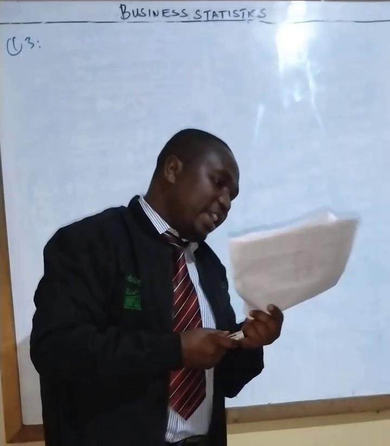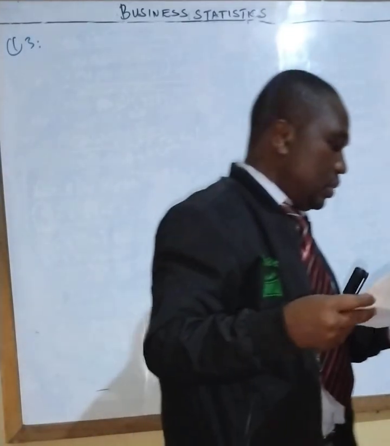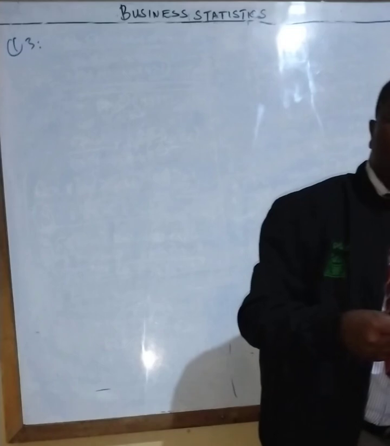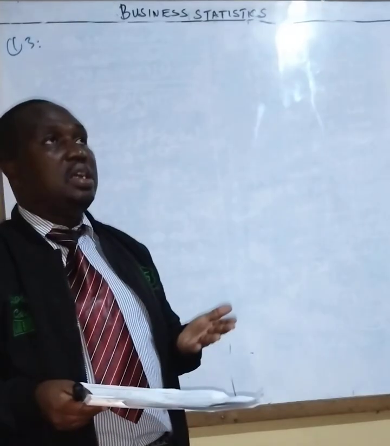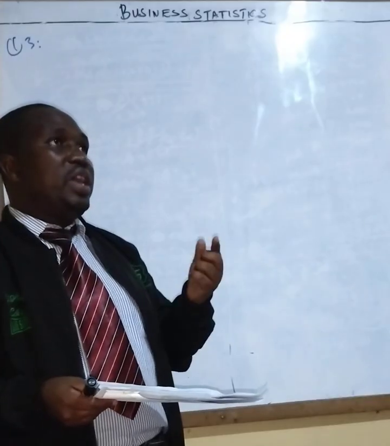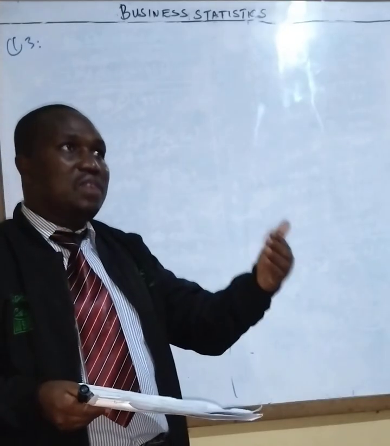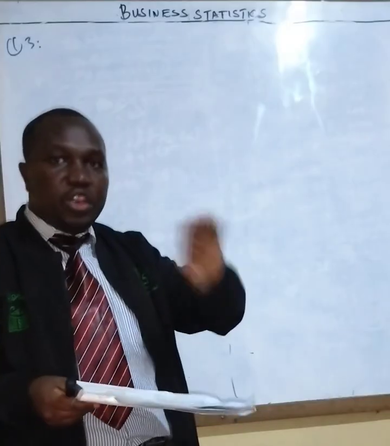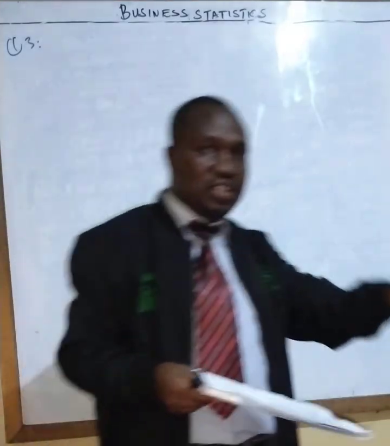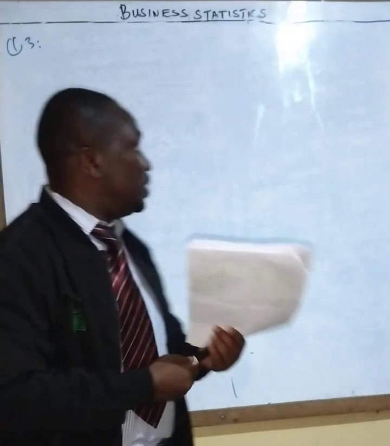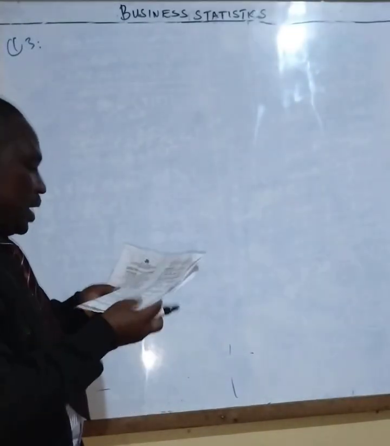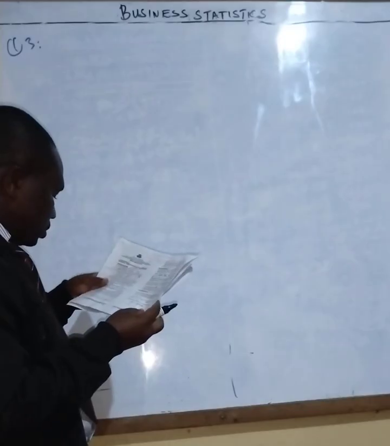Now, question 3 is again about hypothesis, whereby we say the hypothesis is just a statement that gives an assumption, a belief, or an opinion that we are about to test on whether it is correct or not correct. That's what we call hypothesis.